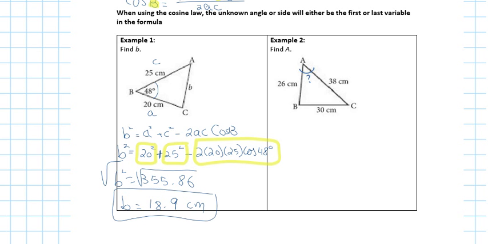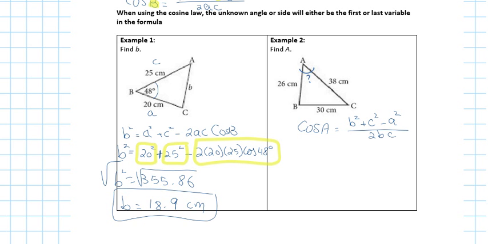I have all the sides and then I'm looking for an angle, so I have to use the second formula. I'm looking for angle A, so it's going to be cos A equals B squared plus C squared minus A squared over 2BC.